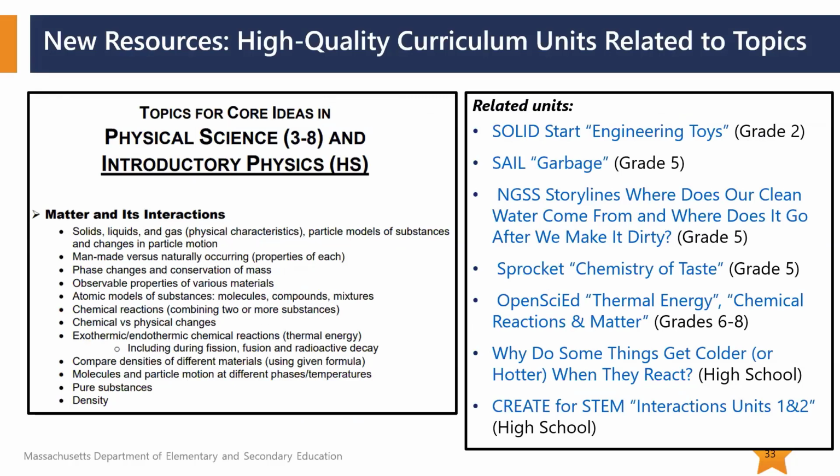And one of the ways that we can do this is those topics that I talked about that are related to the core idea. Once you figure out what you want to do, we have these units that are going to be available to you. These units are vetted, and Cassandra will be talking about that in a moment, but these are high quality units that are already completed. Yes, they are made for general education.